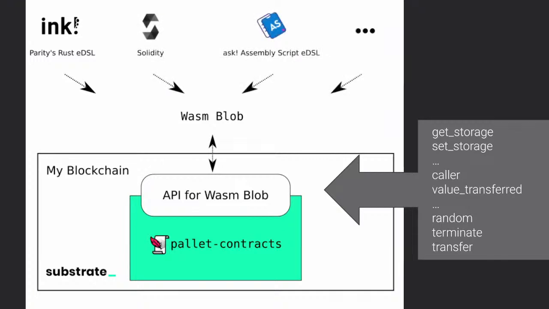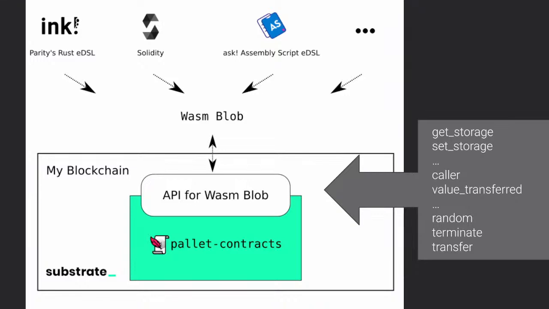What I should mention here is that the contracts pallet is a WebAssembly runtime for smart contracts. We can use Ink to write smart contracts and compile them to WASM. But there are also other languages which you can use to program smart contracts and then compile them to WASM.